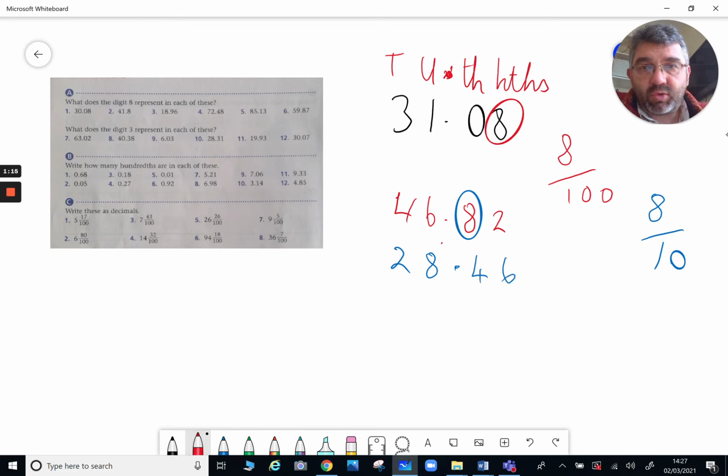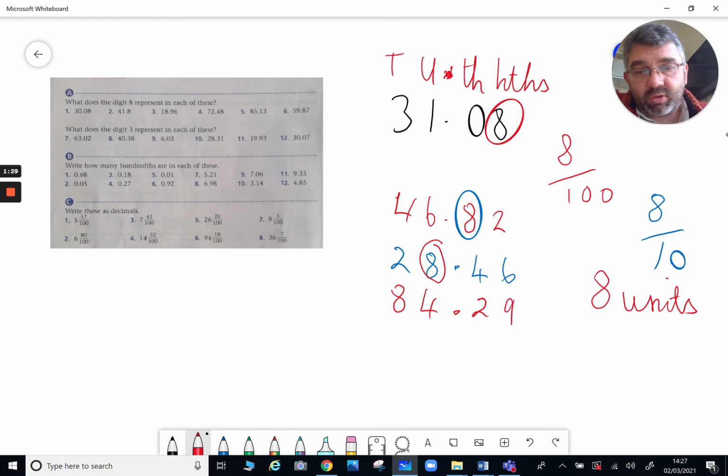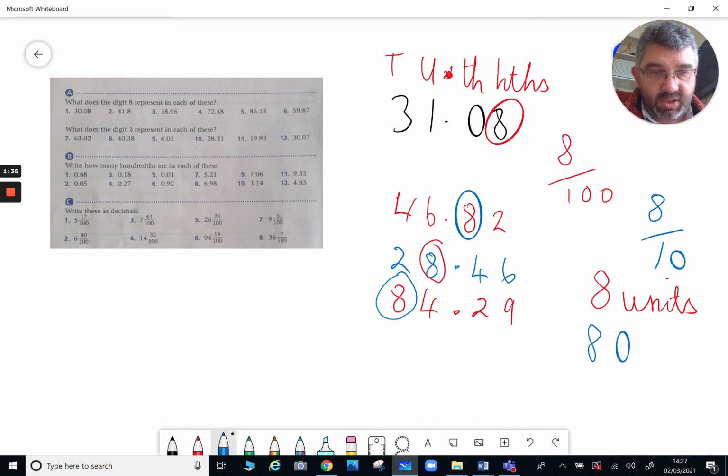Again the question is, what is the 8 worth? Well, now it's in the units, so it's worth 8 units. On the final place, the 8 will be at the front of the number. What's that worth? If we look up, it's in the tens, so it's worth 80. Okay, 80 units, or 8 tens, your choice.